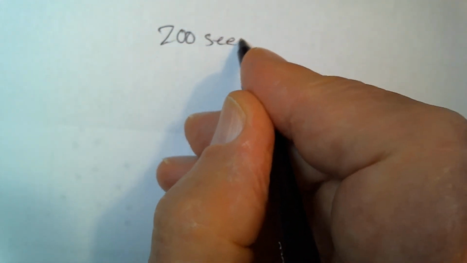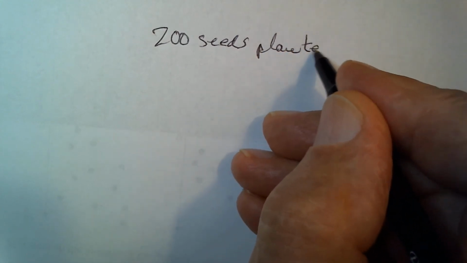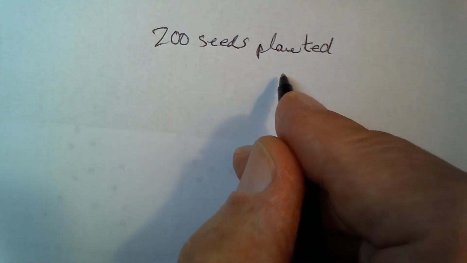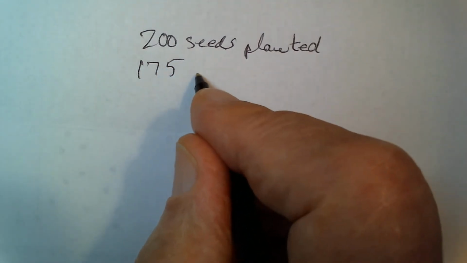Here's an example of empirical probability. In a hybrid corn research project, 200 seeds were planted, and 175 of them germinated.